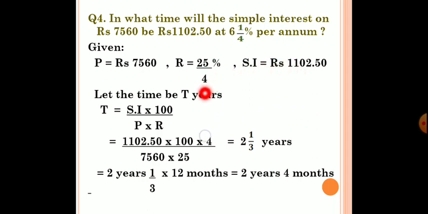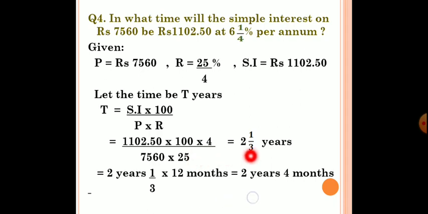Now we have to find the time in this question. The formula for time is equal to SI into 100 divided by P into R. So my SI is 1102.50 into 100, divided by P which is 7560 into rate of interest 25 by 4. The 4 in the denominator will go to the numerator, and 25 will remain in the denominator.